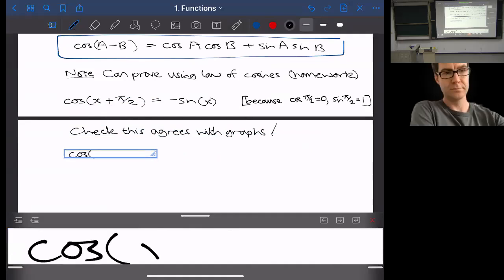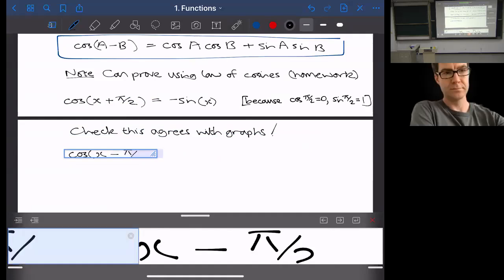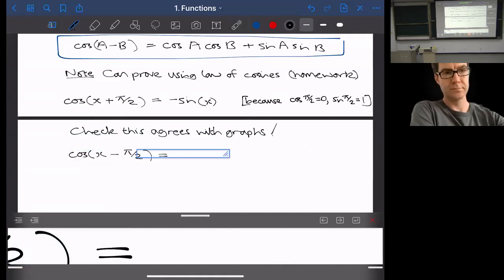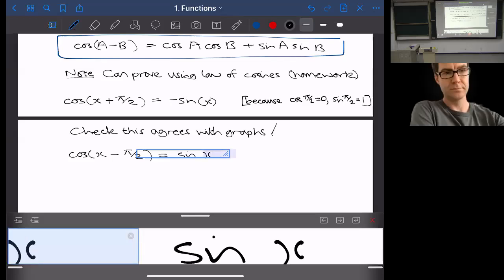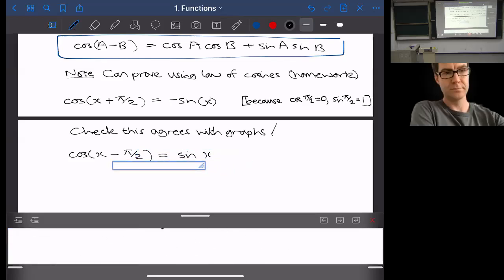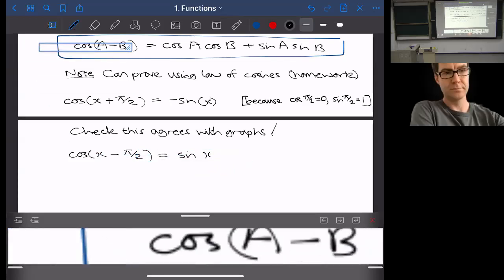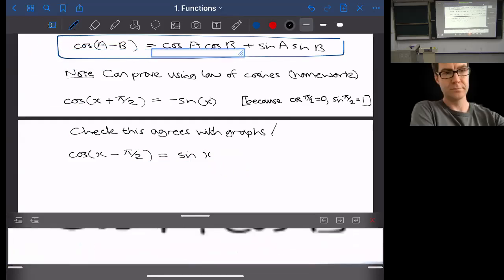And from the other formula, which is at the top of the screen now, cos(x - pi/2) is sine x. So it's good to memorize the pattern of cosines and sines in this formula.